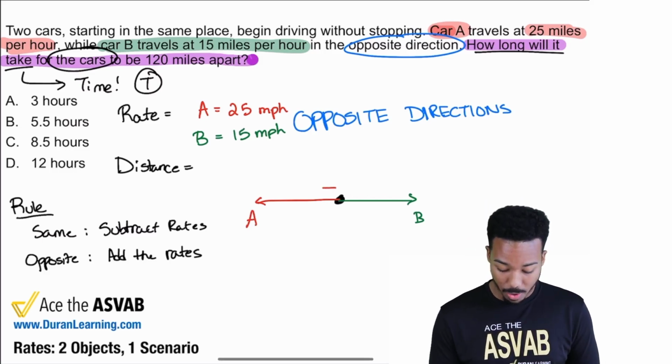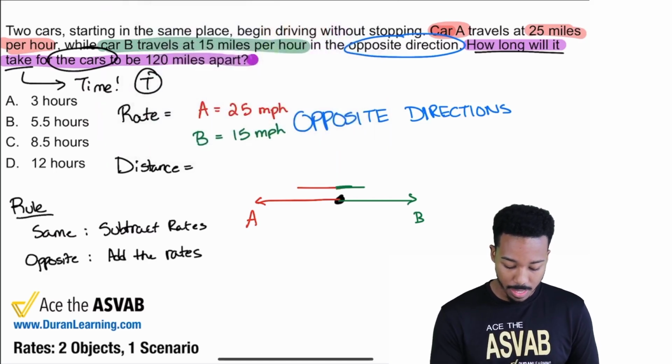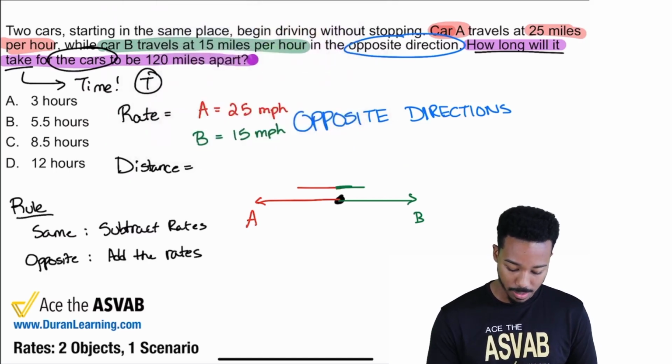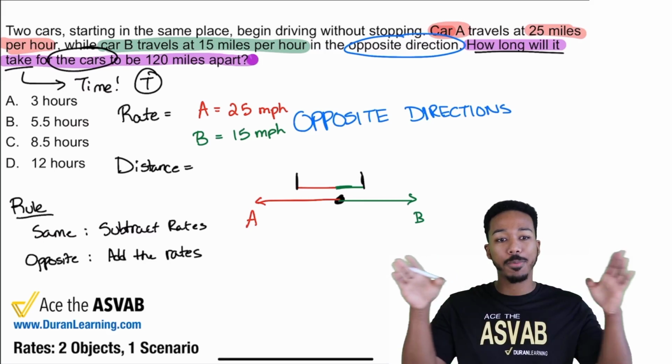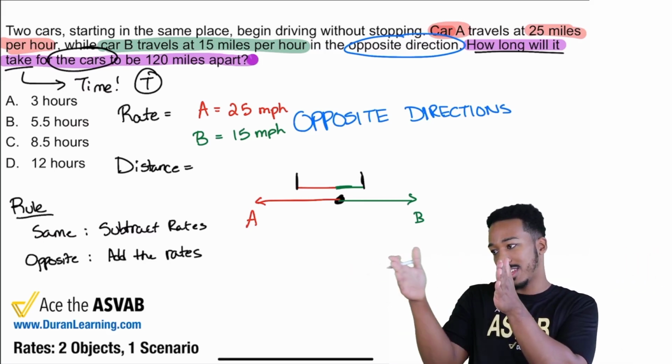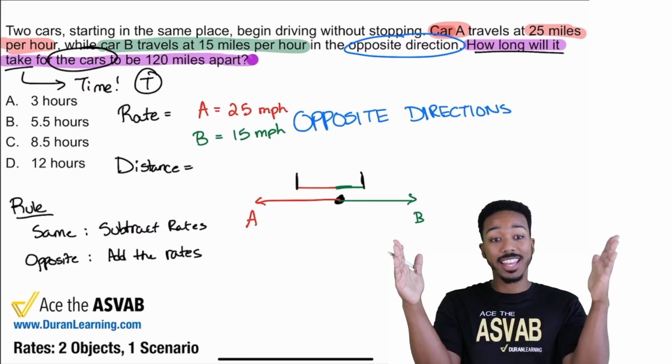If I'm going this way for a bit, and then green is going that way for a bit, how are you going to find the total distance? You have to add them together. So if they're going in opposite directions, this car is going this far, this car is going this far, and to find the total distance, you have to add this and that.